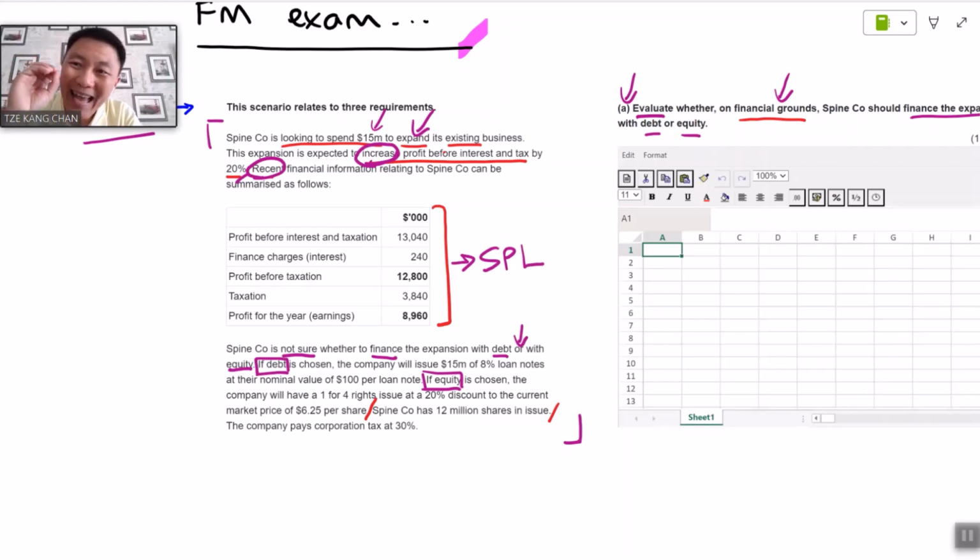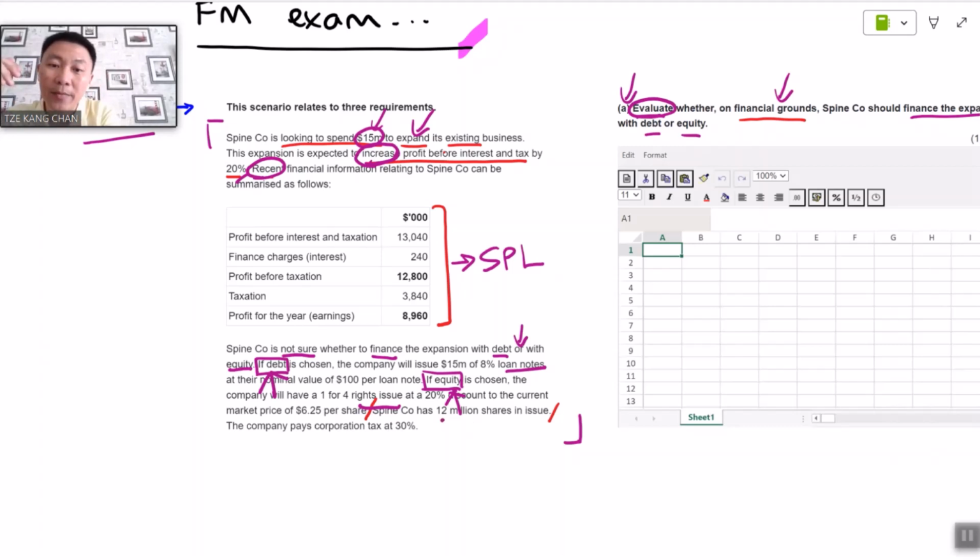Based upon the existing and recent financial results, we would like to examine the amount of funding we want to raise, up to $15 million, either through the issue of debt, namely loan notes, where the loan note structure is given, or, as an alternative channel, by issuing equity financing via rights issue as the second alternative.